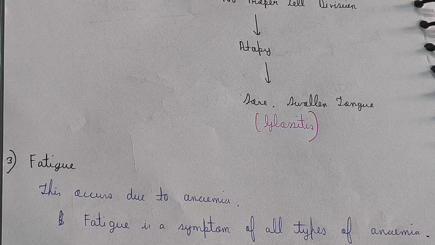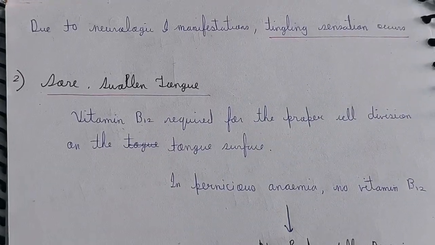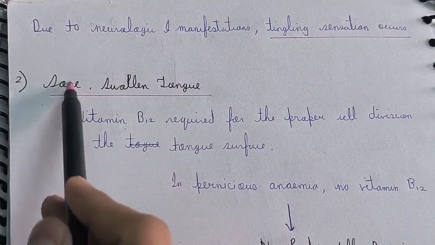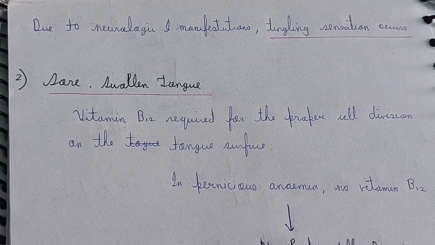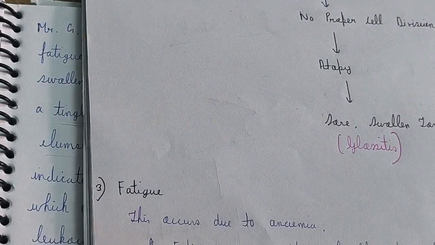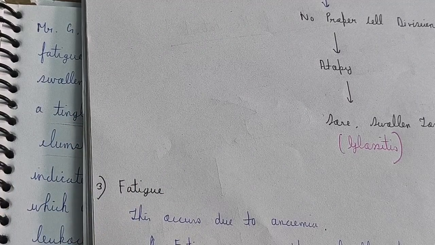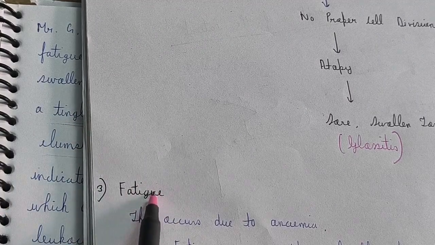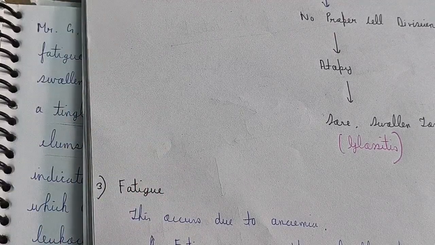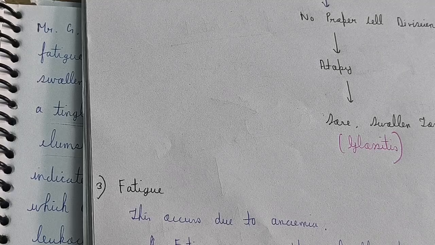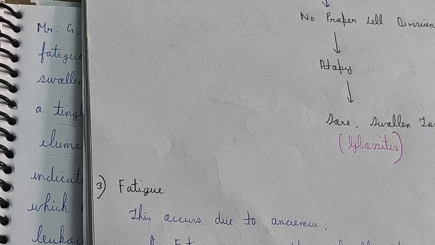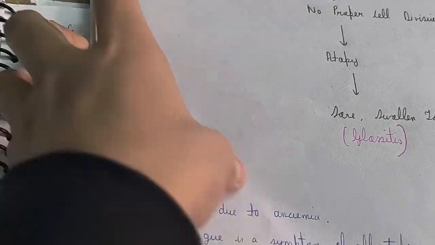By seeing the tingling sensation and the sore, swollen tongue, glossitis, and also the fatigue, we can go towards megaloblastic anemia. But it doesn't mean that by seeing fatigue alone we can assume the patient has megaloblastic anemia, because fatigue occurs in all types of anemia.